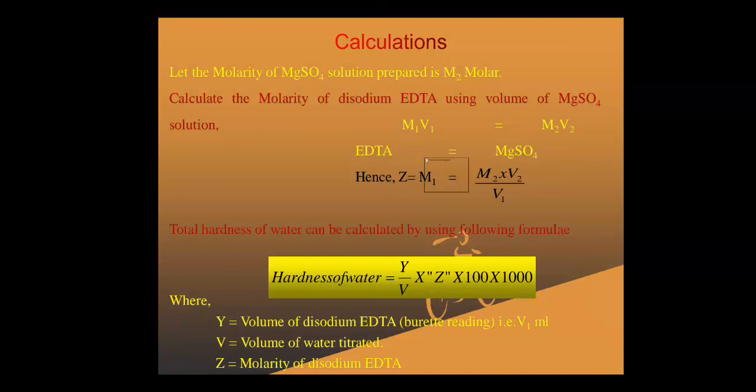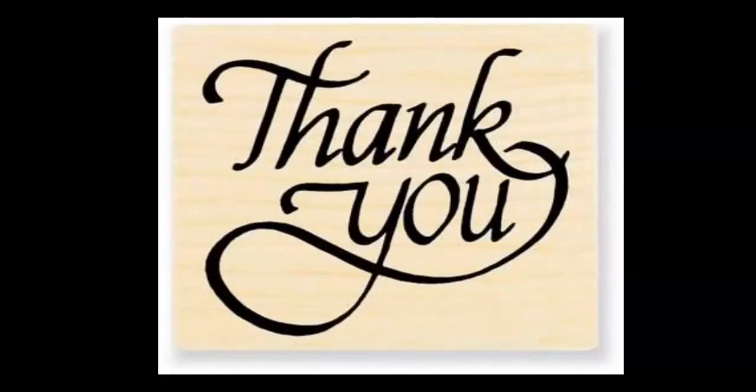You get the final formula for determination of hardness of water, and from this video you can learn how to determine the hardness of water using the EDTA method. Thank you for your patient listening. Thank you.